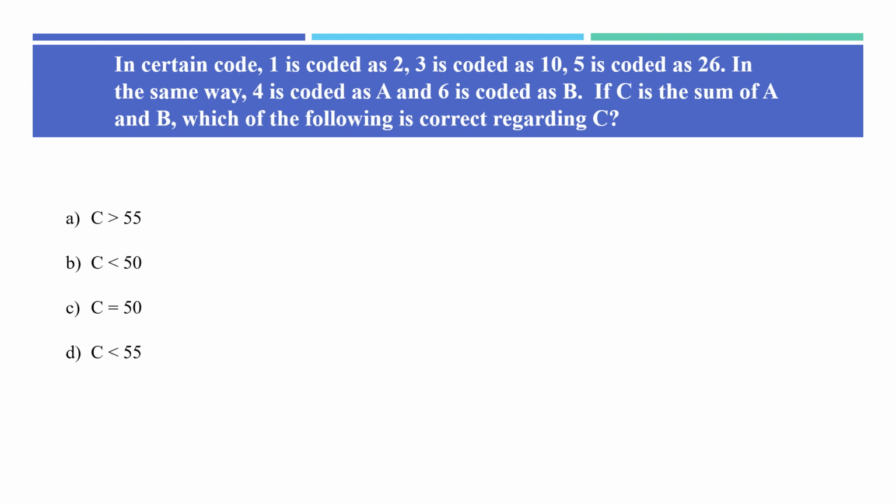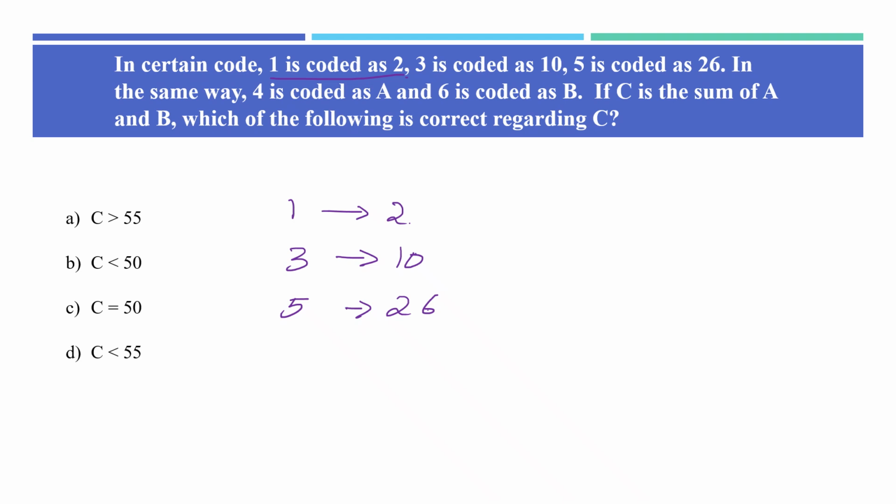Coming to the next question: in a certain code, 1 is coded as 2, 3 is coded as 10, 5 is coded as 26. In the same way, 4 is coded as A and 6 is coded as B. Okay, let's first understand the coding. 1 is coded as 2, 3 is coded as 10, 5 is coded as 26.